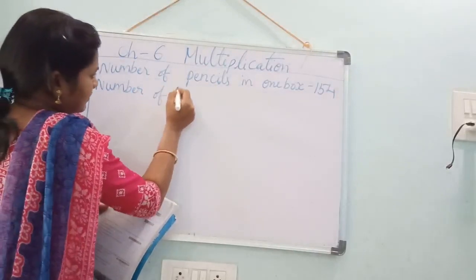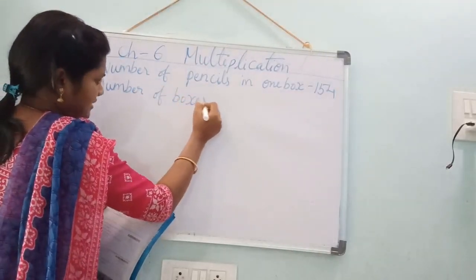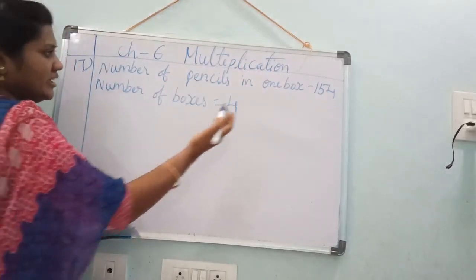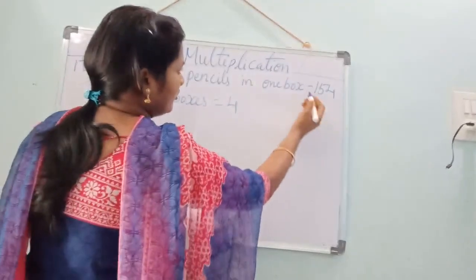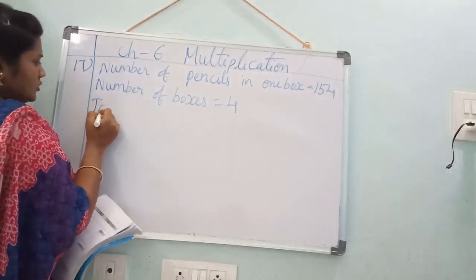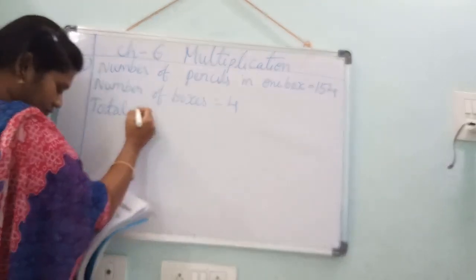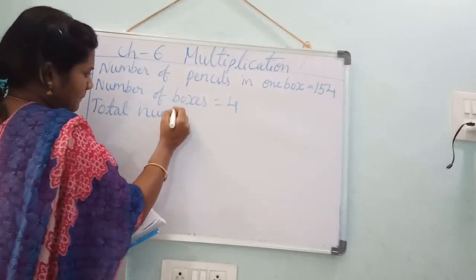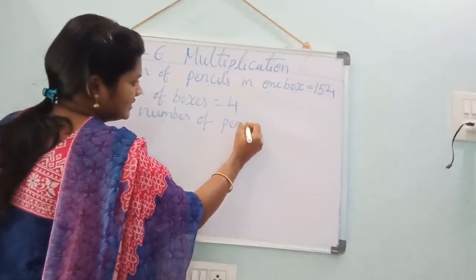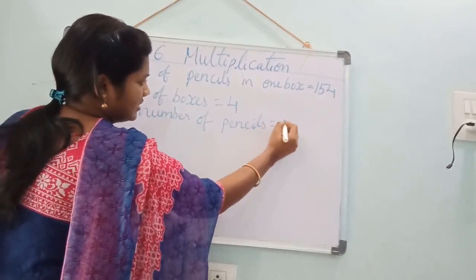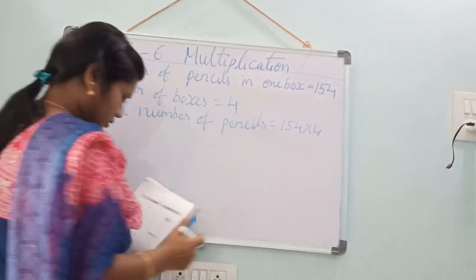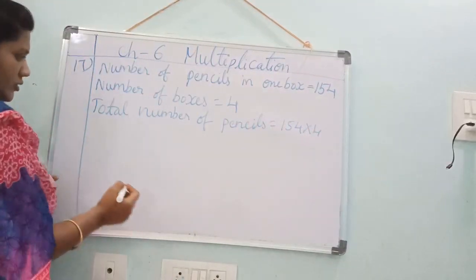What you have to do? You should multiply 154 into 4. Total number of pencils is equal to 154 into 4.